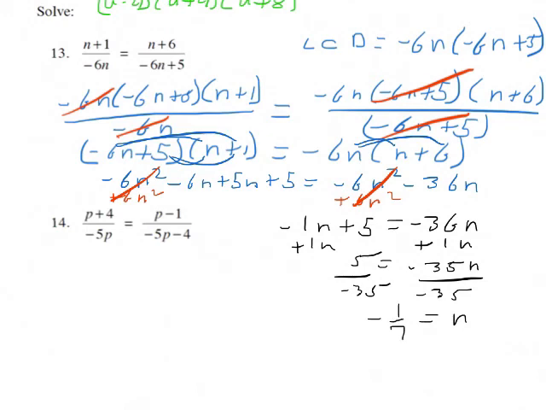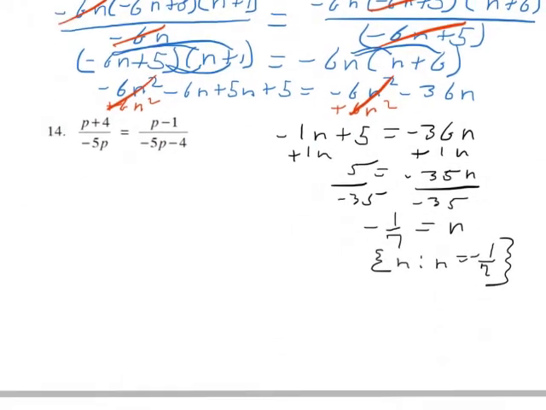Now, we need to take that and plug it in to make sure it works. So we're going to go up here and plug it in here, here, here, and here. And to save us a little time, I'm just going to tell you, it works. Okay, so now that we've established that it works, I'm just going to put my answer in set builder notation. And there is our solution.